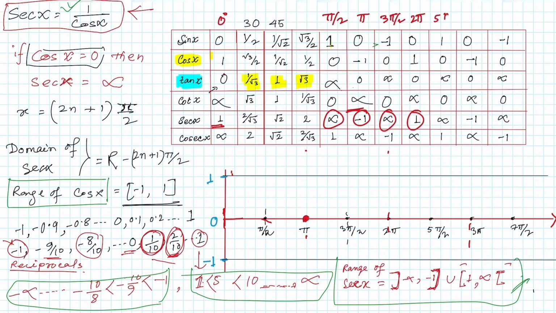At twice pi it is 1. At 5 pi by 2 it is infinity. At thrice pi again it is -1. So if you observe these values, at 0 degree sec x is 1.